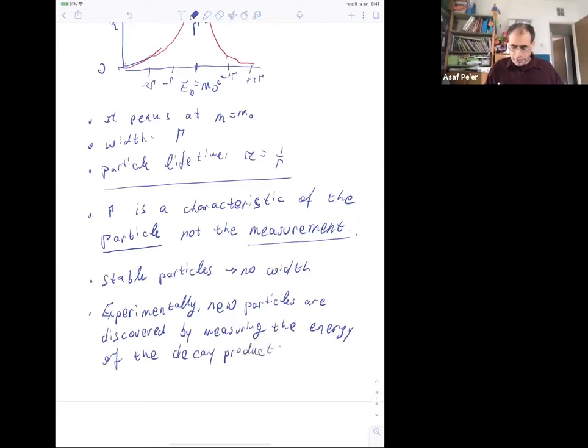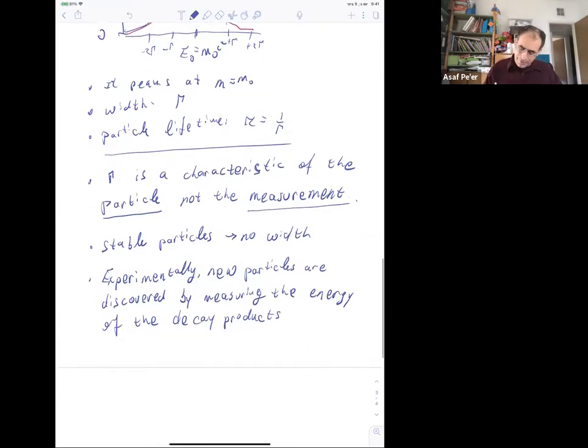Remember, if the particles lived long enough, then we could see them directly. But the fact that we don't see them means that if they are there, they're simply too short-lived. So the way to detect them is looking at the outcome, the energy of the decay products, and observing a resonance. I showed you the resonance for the W boson.